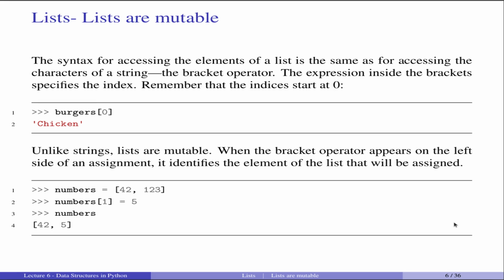elements of a list. Remember, as we have already known, a list is a sequence of items, right? So that means a sequence can have some index numbers.